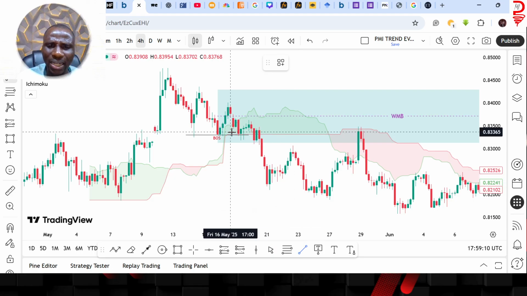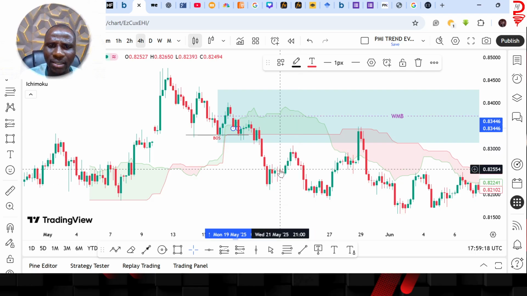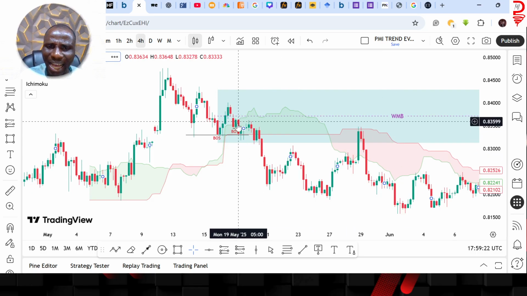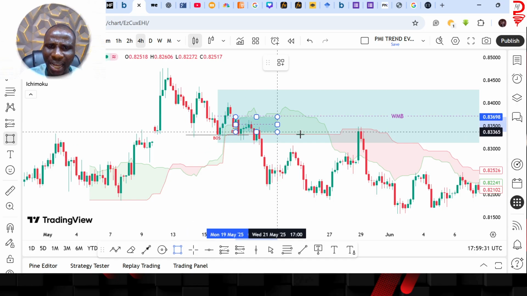I want you to look at this very closely so that you can really get what I'm saying. There was a bearish break of structure here. You see that? The last candle of the origin, this was the origin, and this was the last candle that created it.